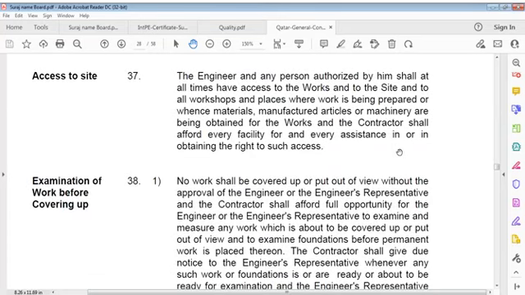Access to site. Now, access to site: whoever person authorized by it shall at all times have access for works and contract.